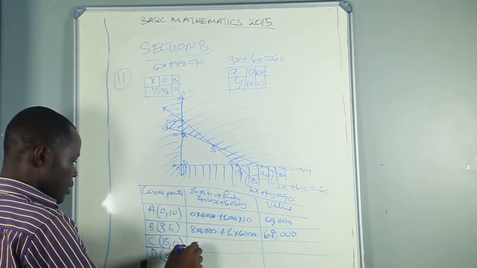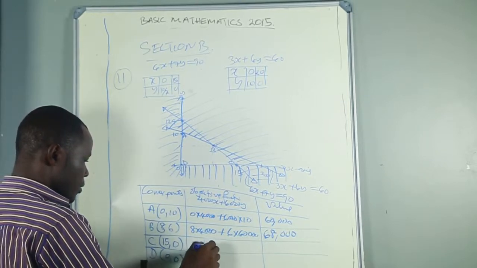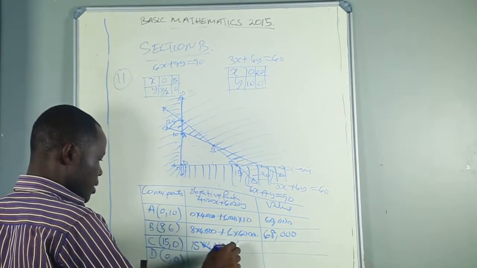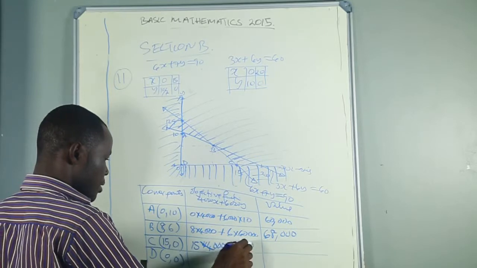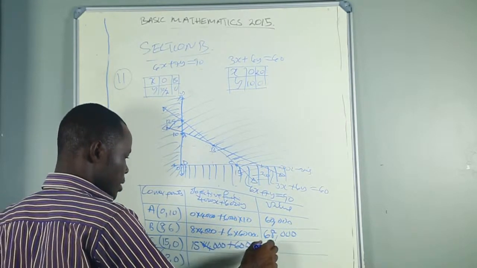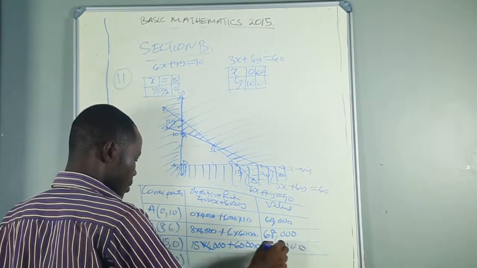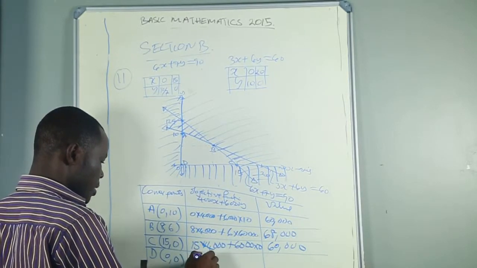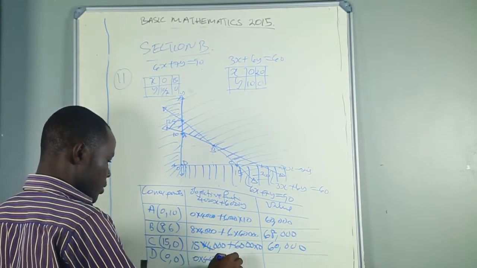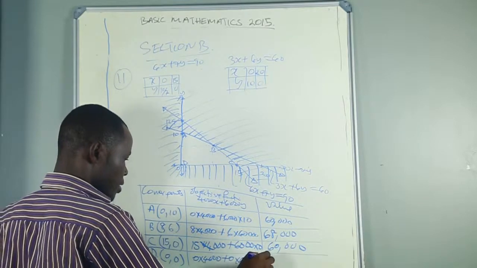This one is 15 times 4,000, then plus 60,000 times 0. This one is 60,000. This one is 0 times 4,000 plus 0 times 60,000. This is 0.